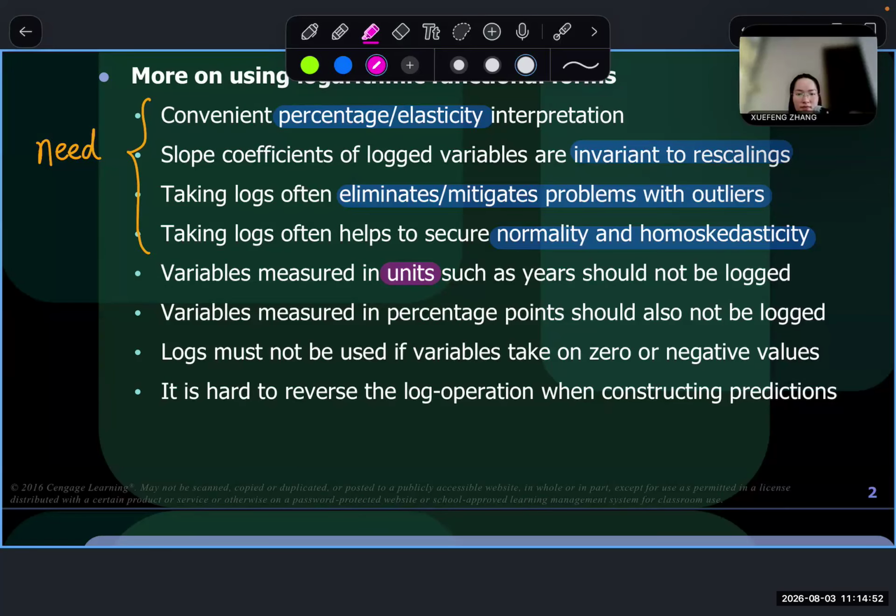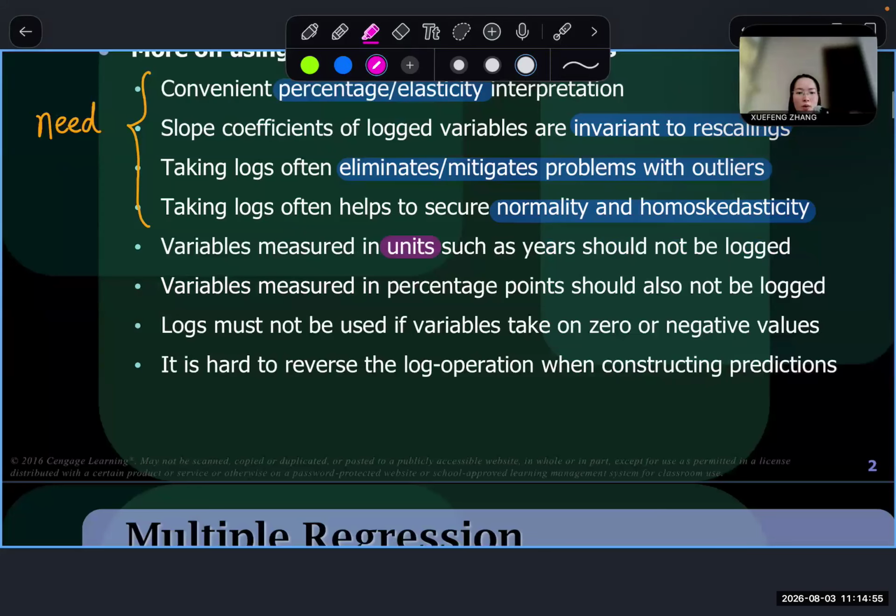Next one, if the variable is already in percentage points, like the interest rate, which I use i to represent. It's already a percentage, so logging it just makes it confusing.